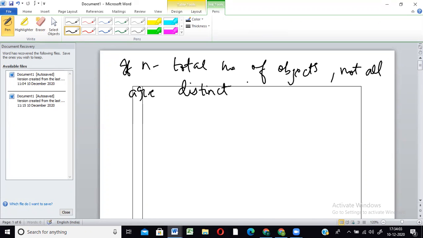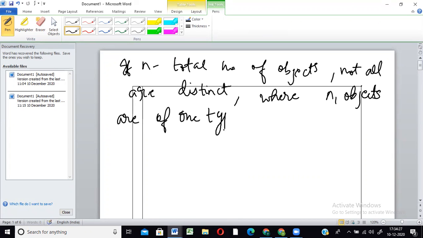Distinct means different. Where not all are different, there is some kind of similarity between the objects. Out of these n, suppose n1 objects, some specific number of objects, are of one type, and n2 objects are of the second type.